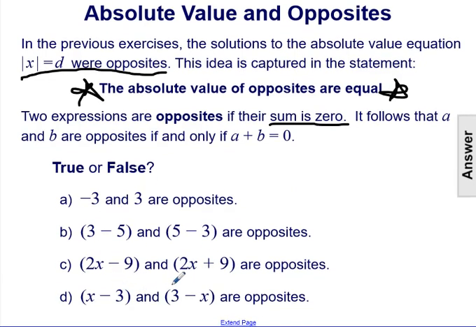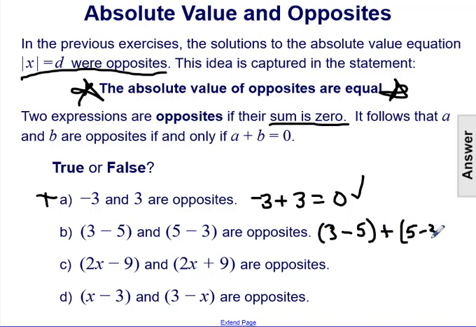So if we look at these here, -3 and 3 are opposites. Well, let's see. -3 plus 3 equals 0. So yes, it would be true that they're opposites. Now we have 3 minus 5 and 5 minus 3 are opposites. Well, let's see. We would have to test that 3 minus 5 plus 5 minus 3 equals 0.